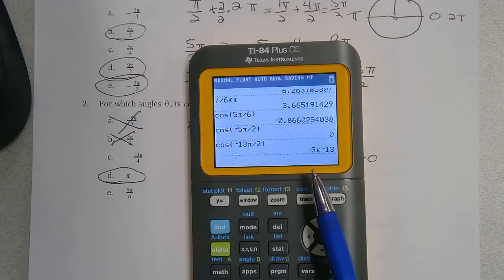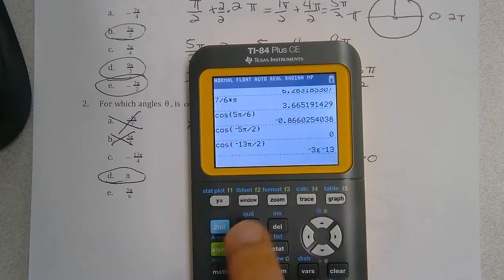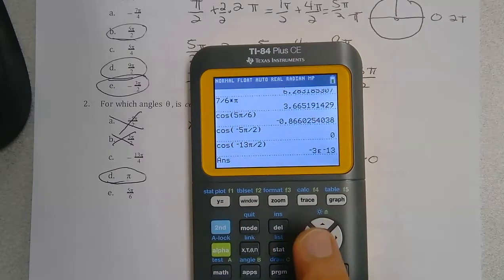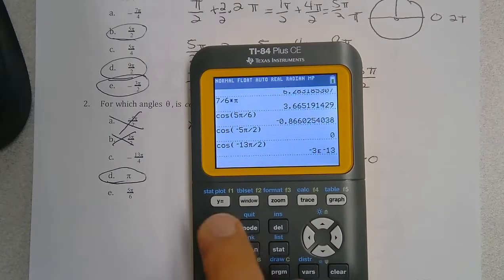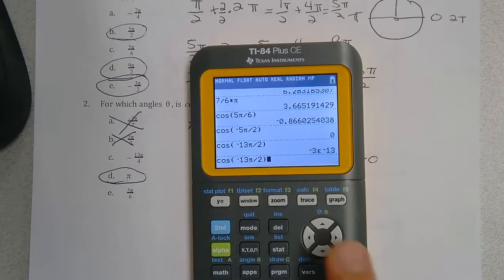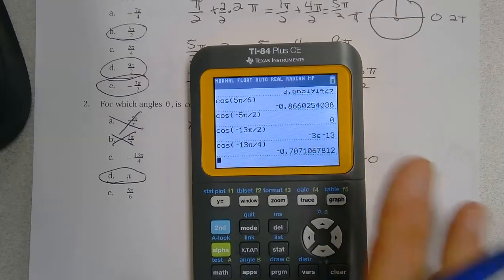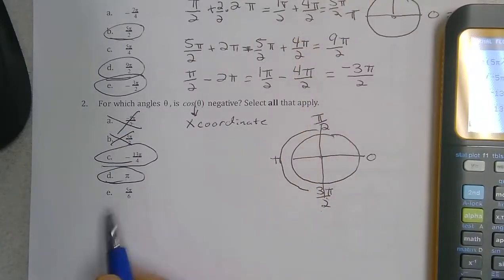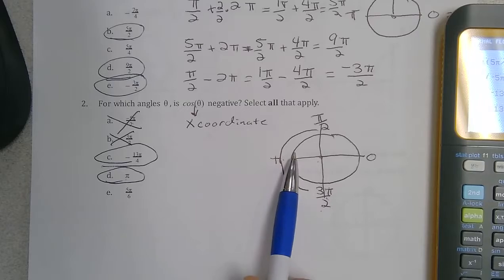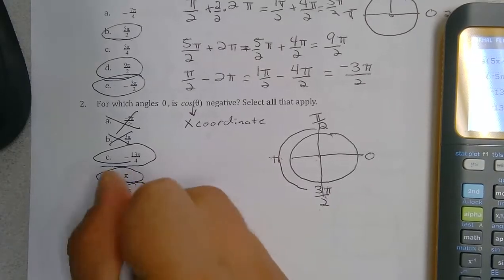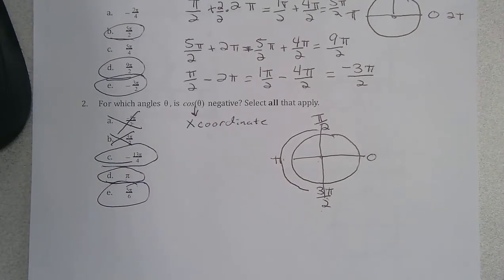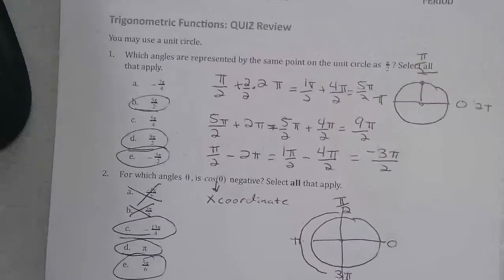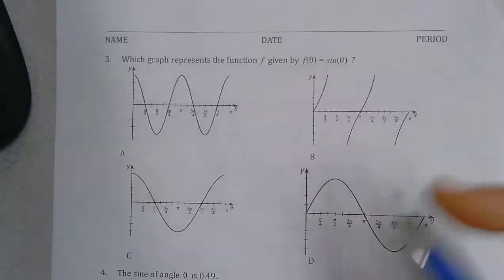Oh, it's over 4, so hold on. So if I press second, and then entry, I can change that. So that's a negative value. That works. And then here, I notice 5/6 pi is going to be right before here. So this is going to work as well. So I wanted to show you the multiple ways that you could figure that out.